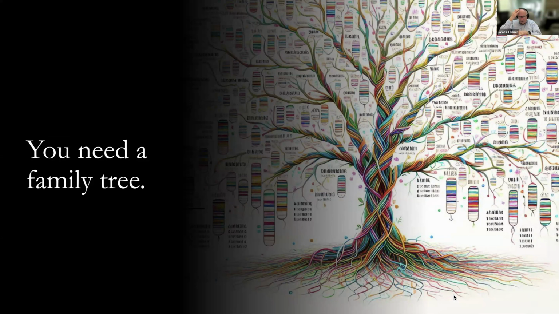So the key here is the people who you match to, and you need to have a family tree with all the information you know about your ancestors. And then the DNA test will give you a way, as I'll explain, to find out who the common ancestor is and how you're related to these people.